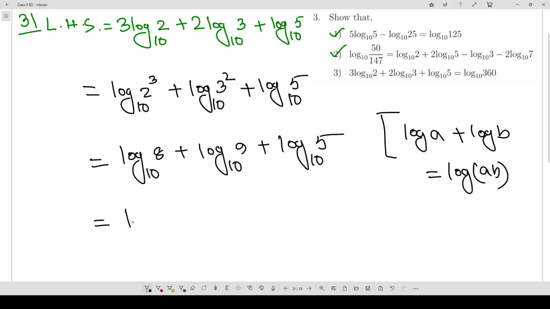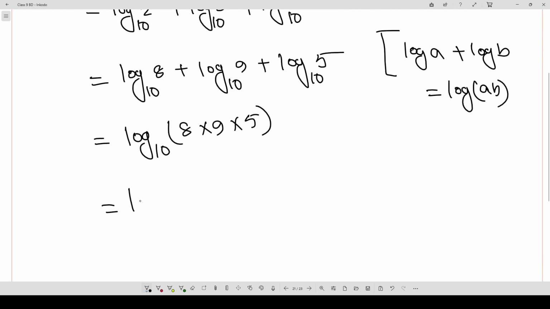So similar thing, log 10 base 8 times 9 times 5, okay. Now look, log 10 base 8 times 5 is 40, 40 times 9 it will be 360.